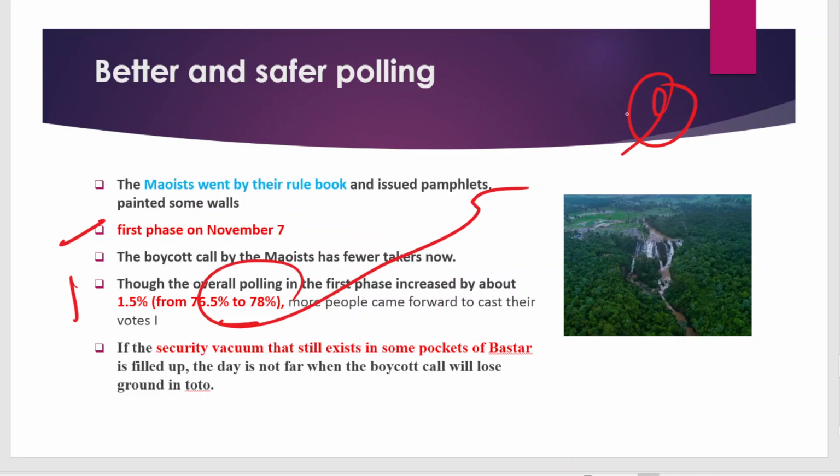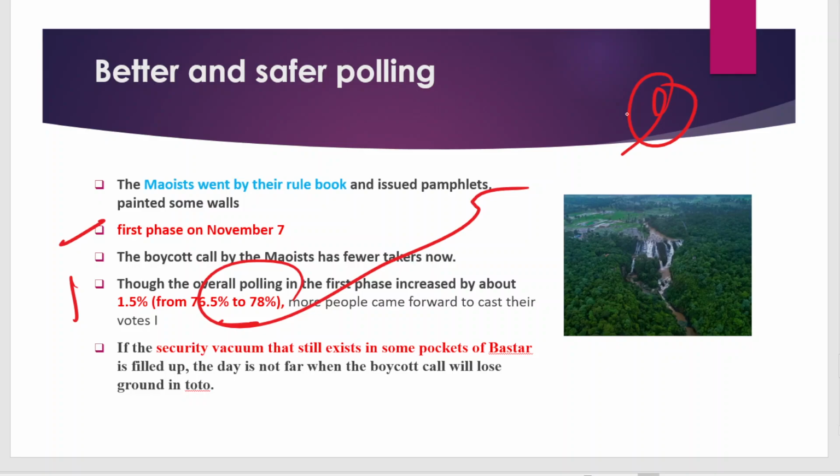So the day is not far when the boycott call given by left-wing extremism will lose ground, and thereby development, progress and prosperity will start increasing. So that's the end of the article. Hope you understood. So what does it indicate? That development needs stability first.